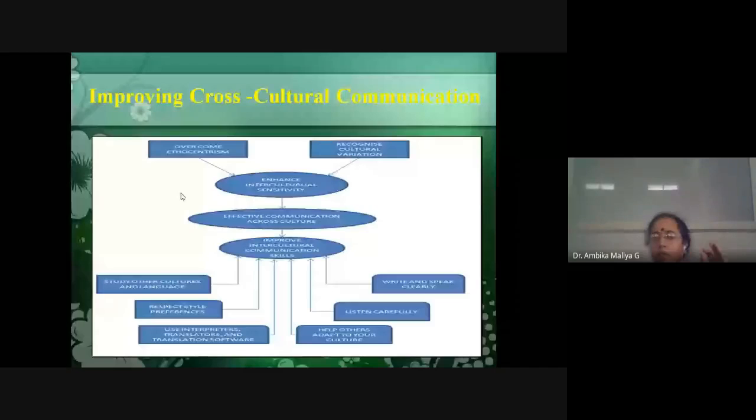See, you have to overcome ethnocentrism. It's very easy. You need not even think about all this. We need to be sensitive enough to others' cultures. I'm not even going to explain any of these, because it's all what I've explained till now. If you are sensitive to other people, done. Enough.